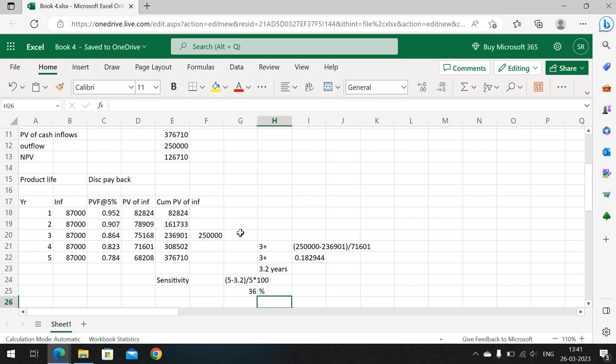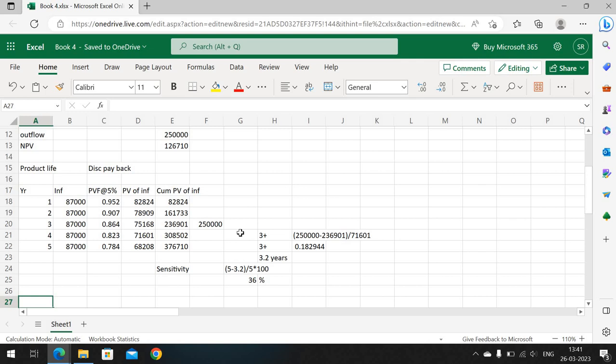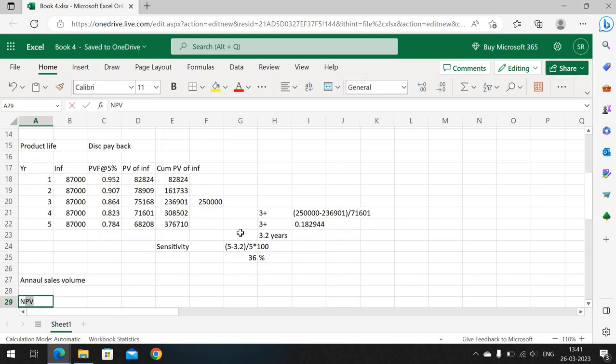Then second one is sales volume. Annual sales volume is changing and all the other things remain constant, so the number of units is considered as X here.